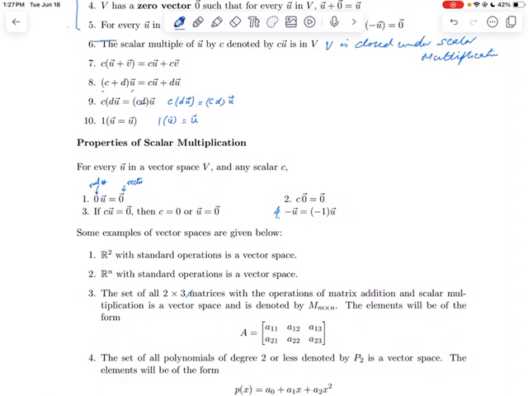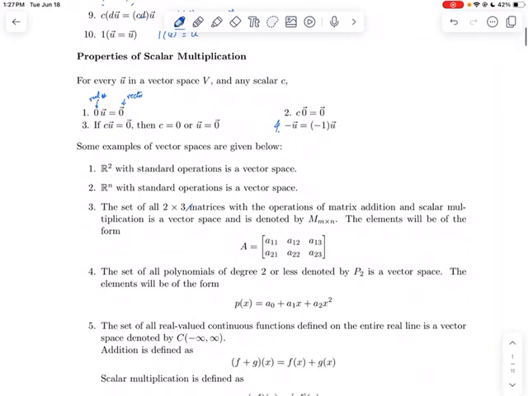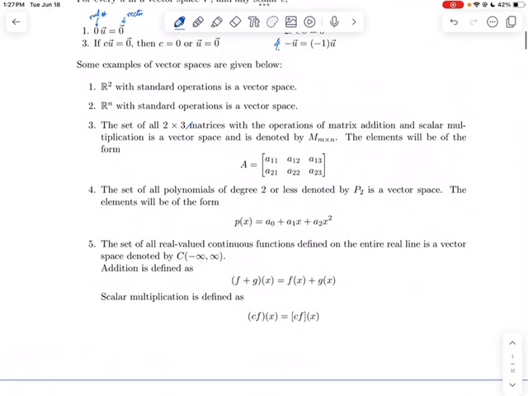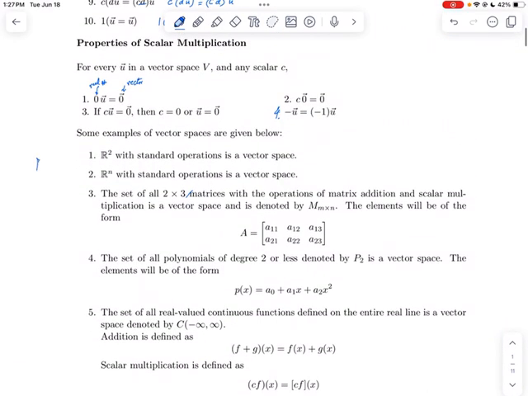Now, some examples of vector spaces. We already talked about Rn and Rm, and R to any power, actually: R2, R3, R4, R5, R6, R7. All of these are vector spaces, and the vector addition is the usual vector addition.